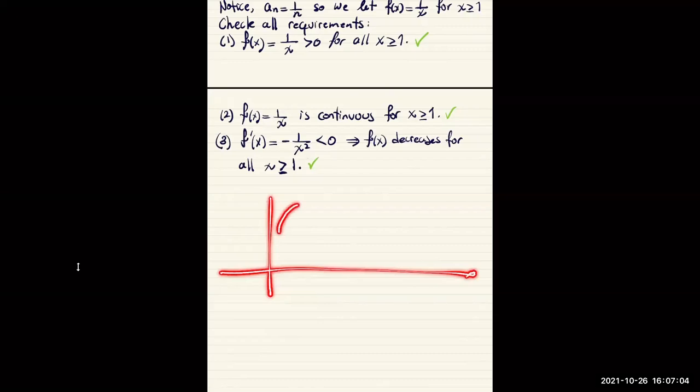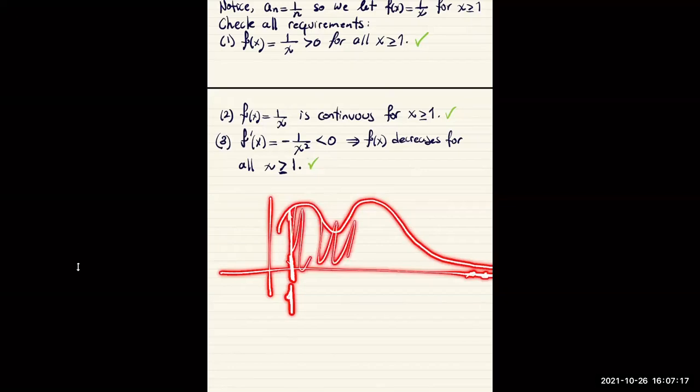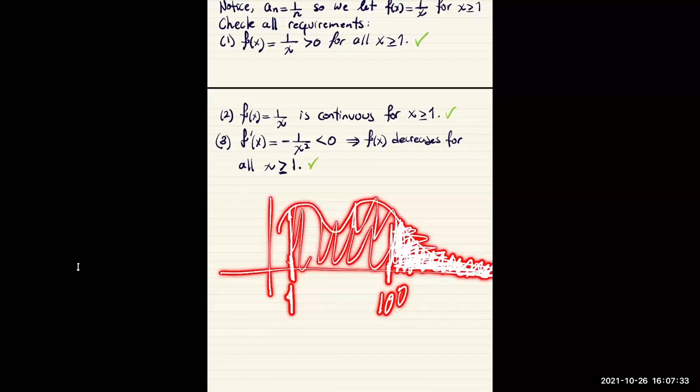Ari, look at this function. It doesn't matter if you start x at 1. So from 1 to infinity, this would be the area, or started from 100. Either way, this doesn't impact the convergence or divergence of the series.